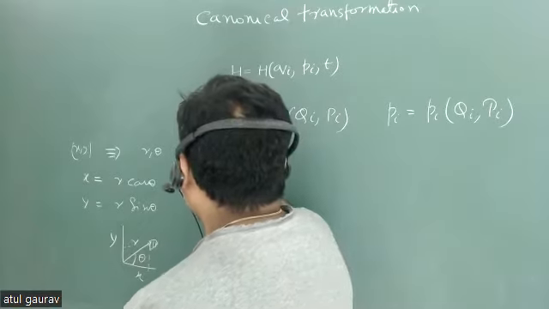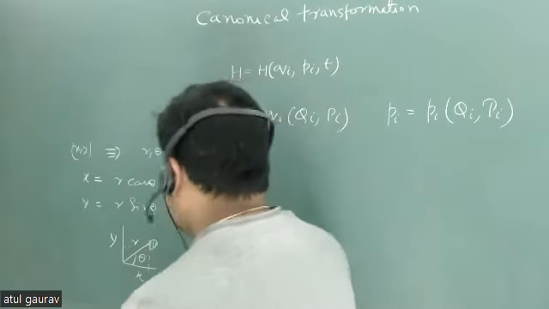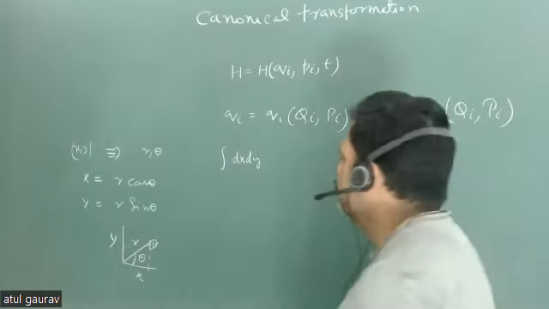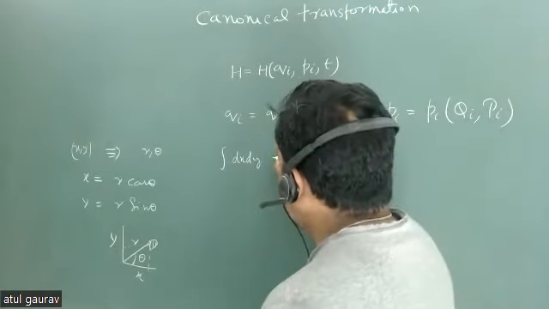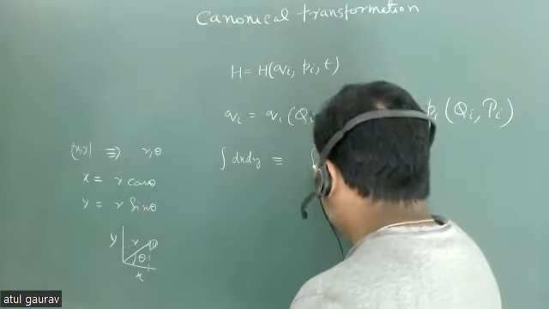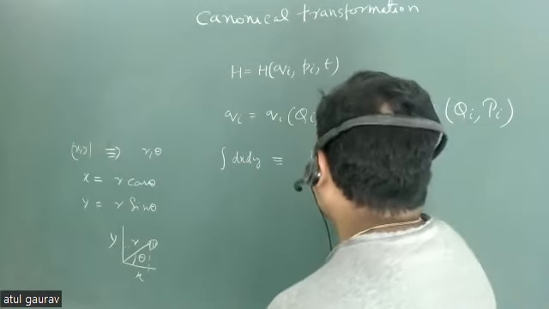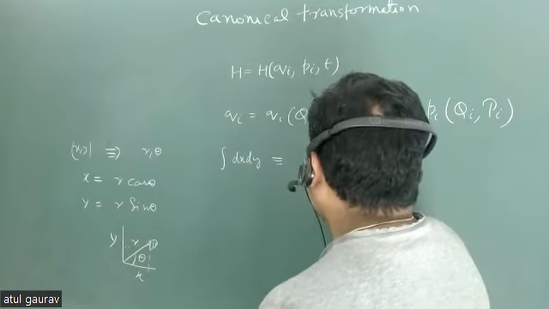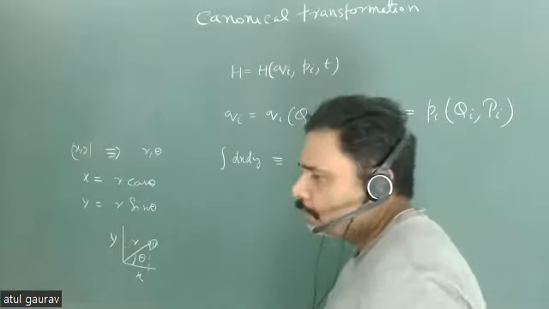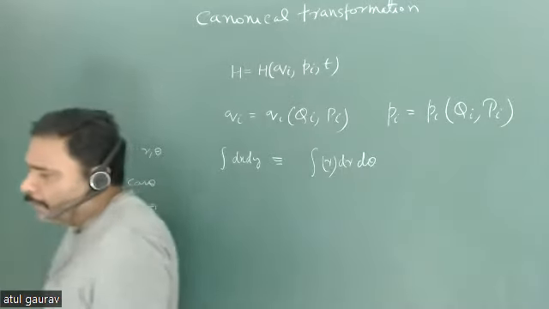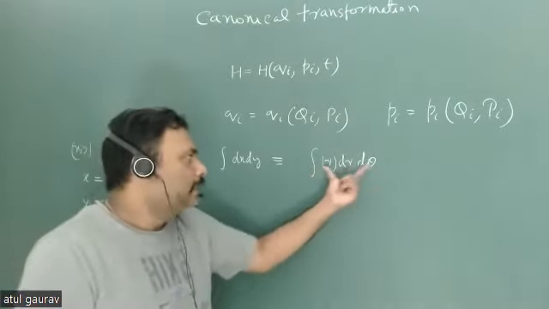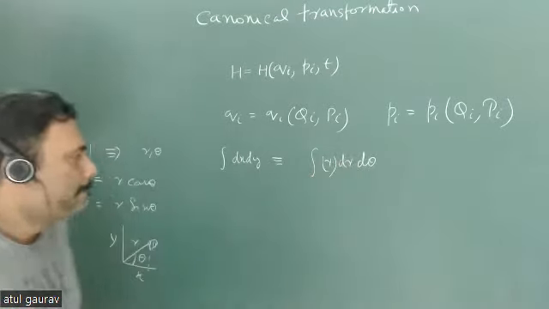This is dx into dy, isn't it? This is basically dx into dy. And now I want to calculate the same area in polar coordinates. Then obviously we have to go for dr into d theta, and r is also there. Are you getting my point? So this dx dy is actually r dr d theta.